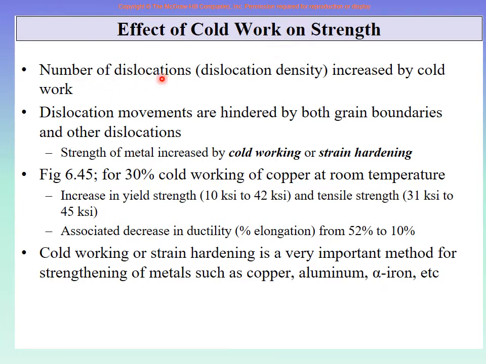The number of dislocations, or dislocation density, is increased by cold work, and dislocation movements are hindered, stopped, by both grain boundaries and other dislocations. Right? We have talked of it a little bit earlier.